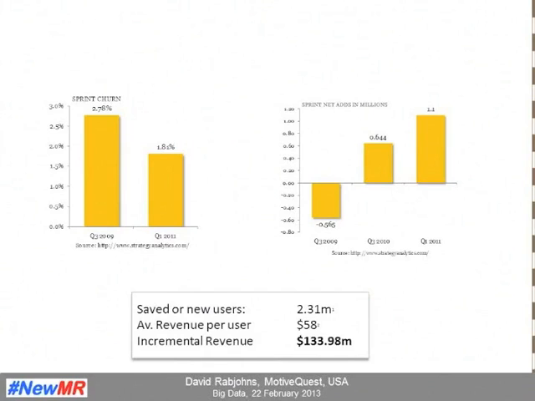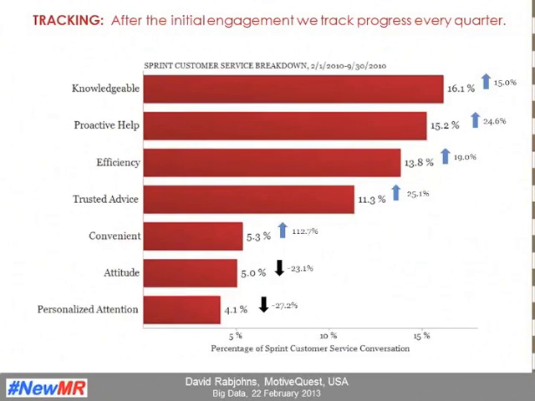And so I like this case because I think it's a very dramatic example of how, by listening to your customers through big social data, we didn't ask a single question in this piece of research, you can derive some fairly powerful insights that can have a dramatic business impact.